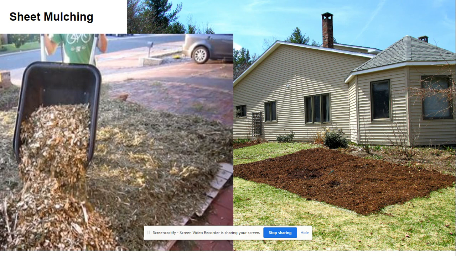And essentially what a sheet mulch does is you can take a piece of ground that is maybe an old garden that was covered in weeds, that completely got neglected, or a piece of your yard that is just grass that you want to turn into a garden.